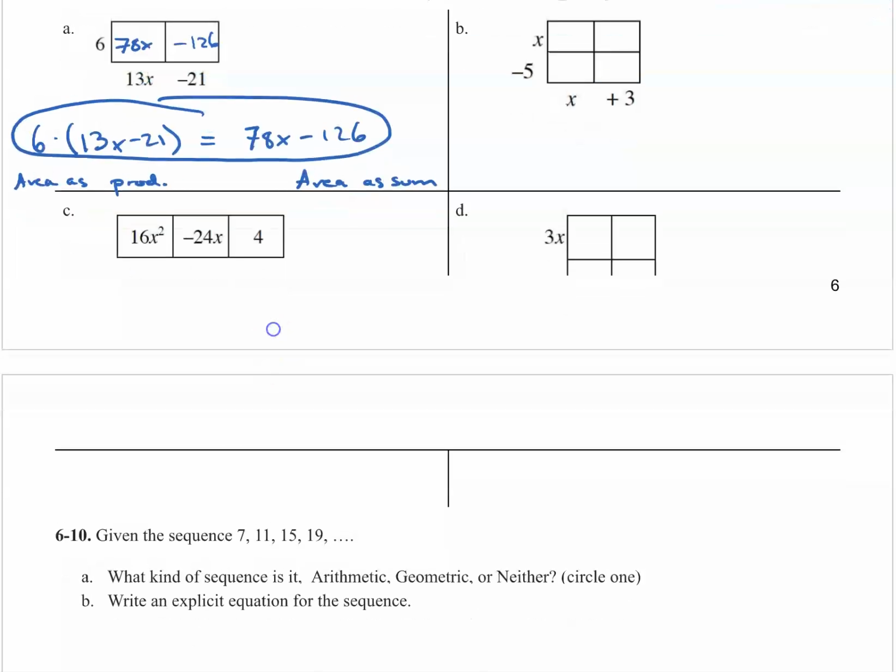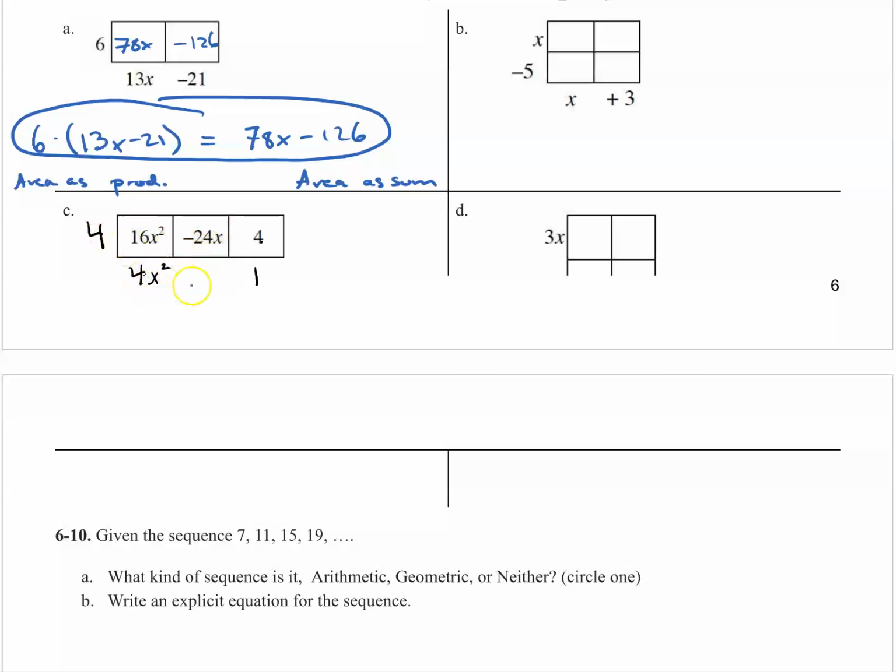Okay, this one's kind of cool. You have to work backwards to fill in the blank. So this is 4 right here. And I'm going to say 4 times 1 gives me 4. So that means this one would have to be 4x squared. 4x squared times 4 is 16x squared.